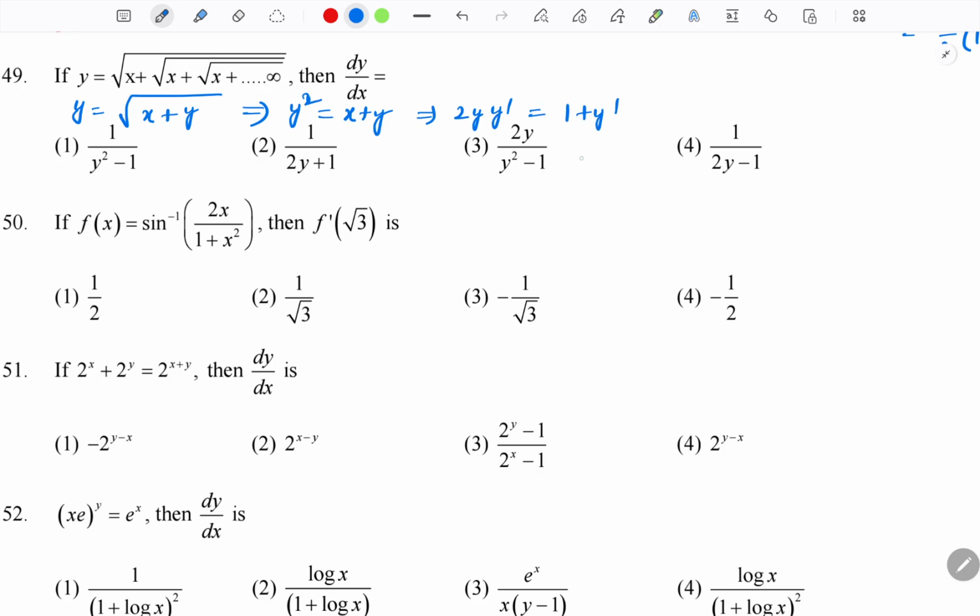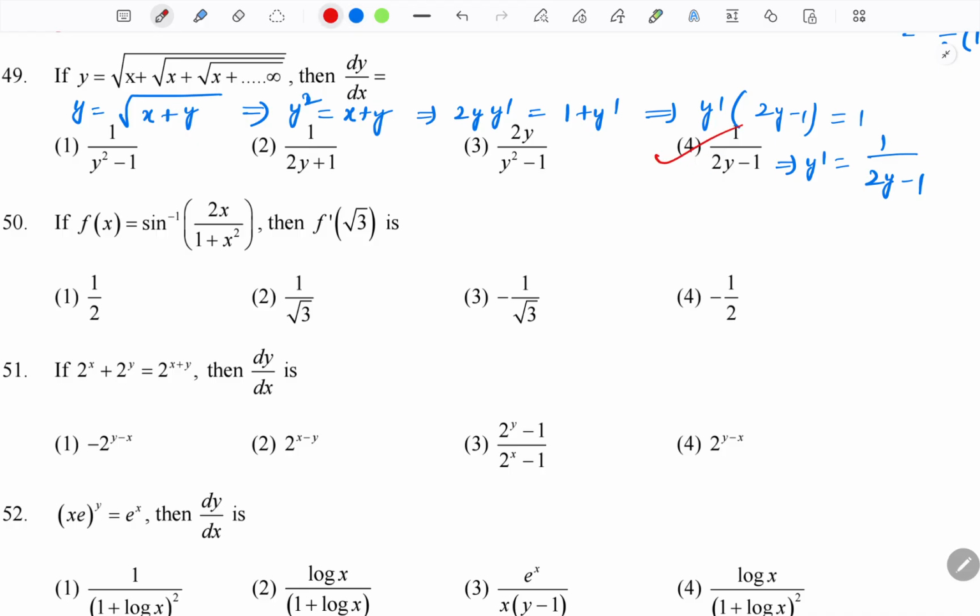Take the y dash terms to one side, 2y minus 1, and that side is 1. Then write y dash on one side, dividing by the remaining term, so y dash is equal to 1 by 2y minus 1. This is my derivative. So it is option number 4.